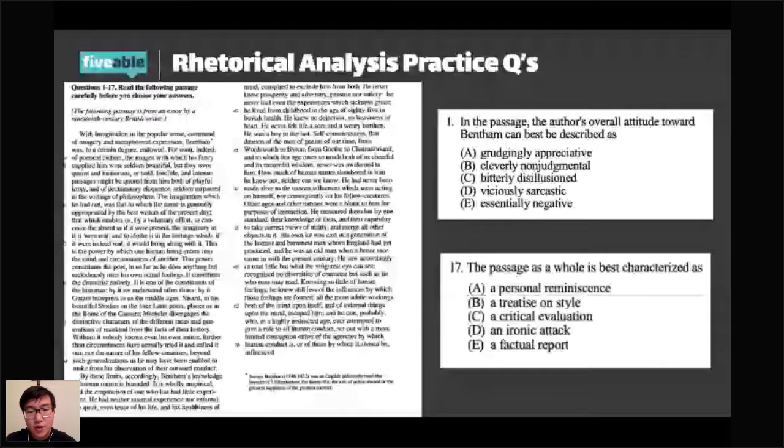So for now, I'll give you about 3 minutes to read through this passage and then answer number 1. Try not to copy other people's answers, because then you're not really learning. But yeah, give y'all some time.